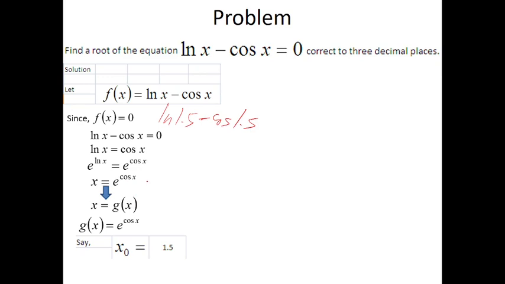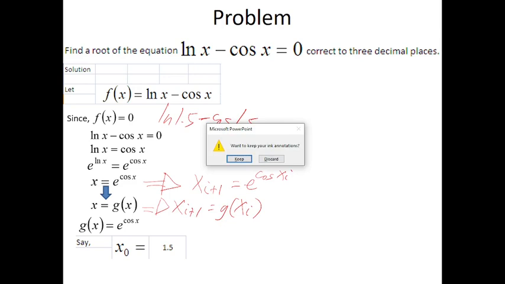Diba? So, sabihin yan, x sub i plus 1 equals e to the cosine x sub i. Okay? So, sabihin yan, x sub i plus 1 equals g of x sub i. Check natin, ha? Using calculator.